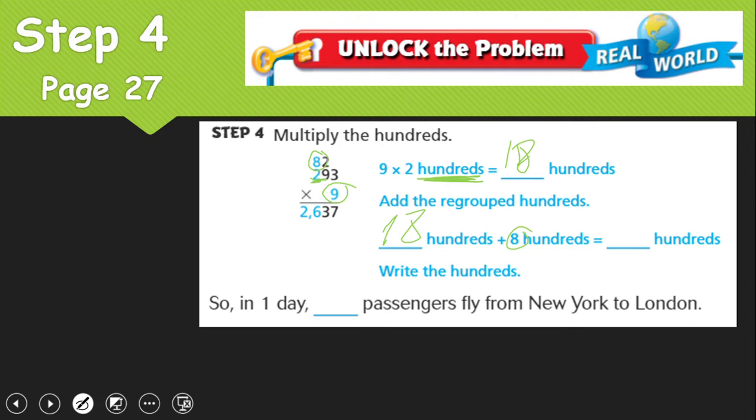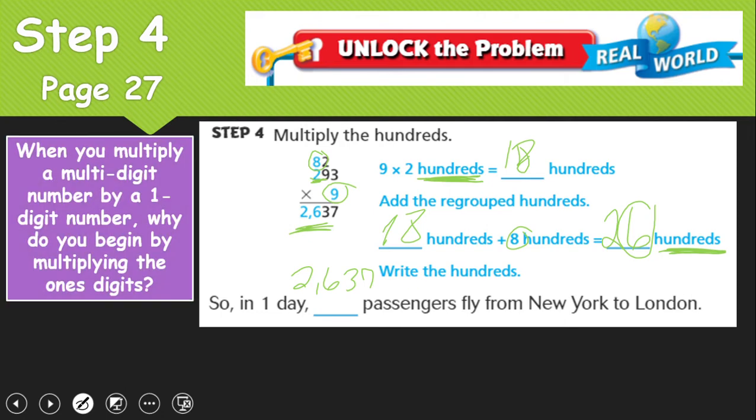Yeah, 2600. Okay, so now we need to go ahead and place that 6 in the hundreds place value, and then the 2 in the thousands. And that's how we get our final answer. So in one day, 2,637 passengers fly from New York to London.